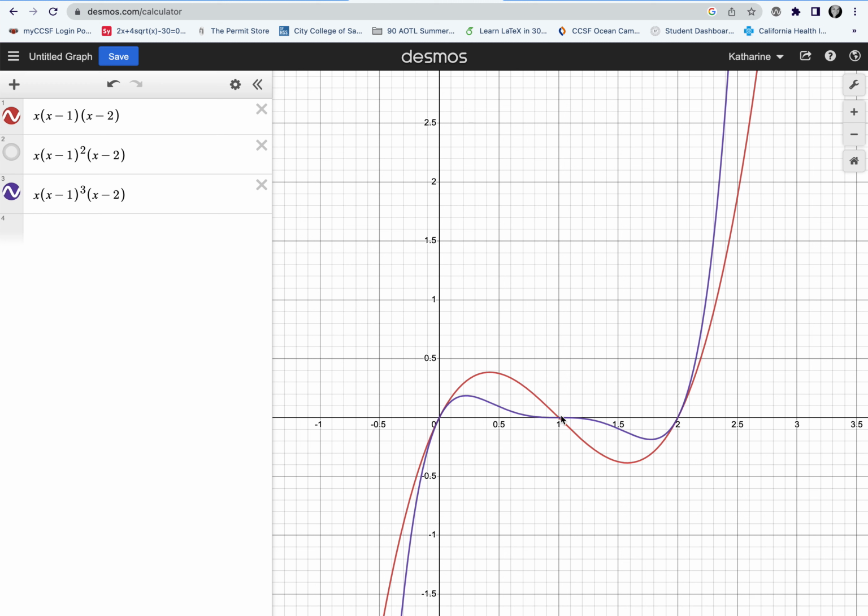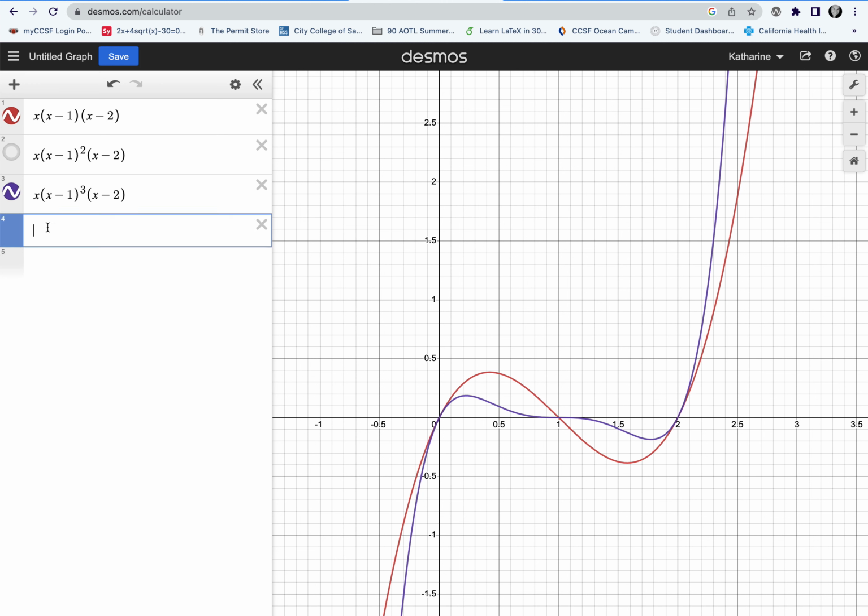Do you see how flat it gets? So instead of coming through like these two at 0 and at 2, that just go right through, this one gets really close and squishy, close to the x-axis. And that's a sign that we've got a cubic.